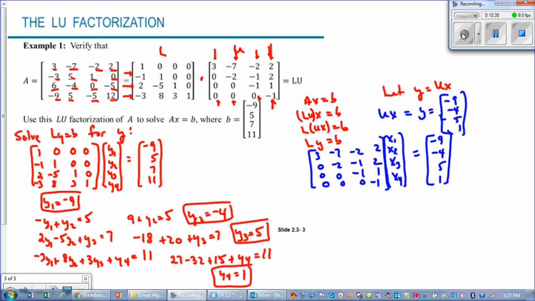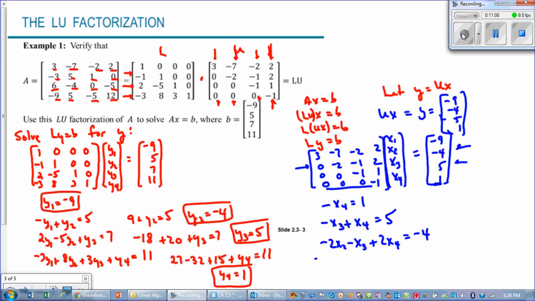Okay, so rewriting the left side as a system of equations, we have minus 1 x4 equal to 1. I'm just taking the last row here times the vector x and equal to this entry. And now the third row will be minus x3 plus x4 is equal to 5. And now the second row, minus 2x2 minus x3 plus 2x4 has to be equal to negative 4.